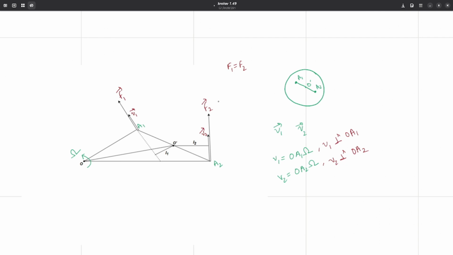Now, a net torque due to the frictional forces at both the regions about O prime will be generated, where O prime is the center of the smaller disk. The torque will make the smaller disk rotate about its axis.